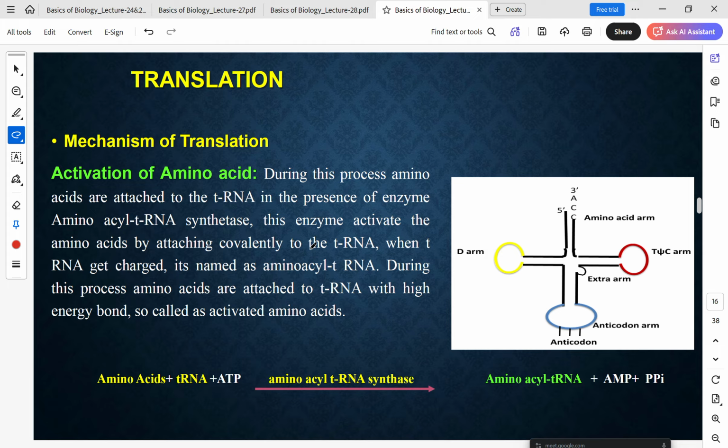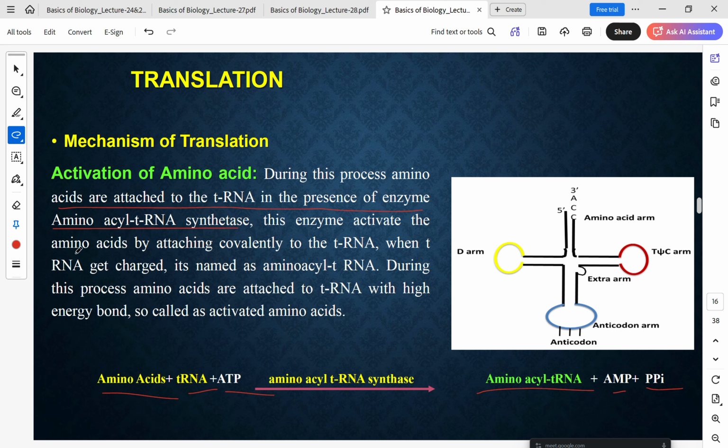So there is activation of amino acids and tRNAs, in which the amino acids are attached to tRNA in presence of an enzyme called aminoacyl tRNA synthetase, which occurs with energy expenditure in terms of ATP. So the amino acid, in presence of aminoacyl tRNA synthetase, will form an aminoacyl tRNA complex with a release of a pyrophosphate group and AMP molecule.